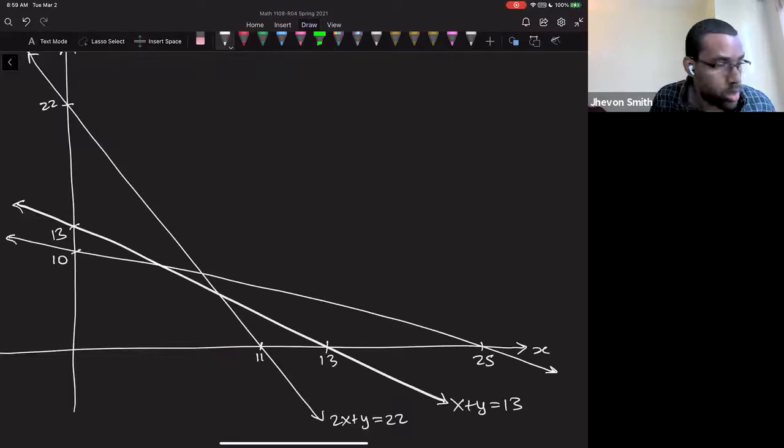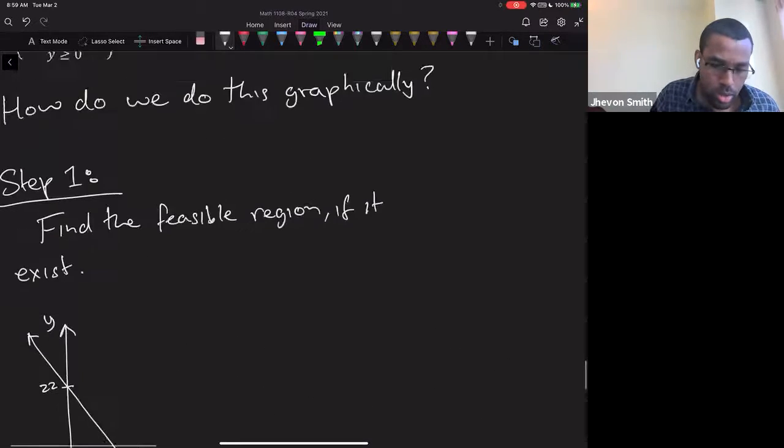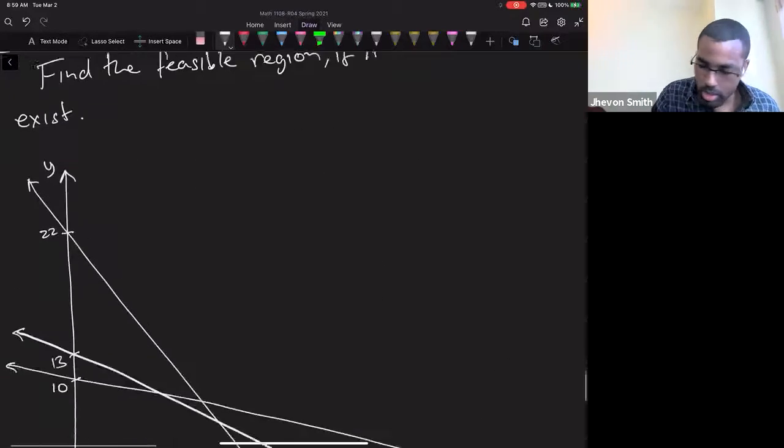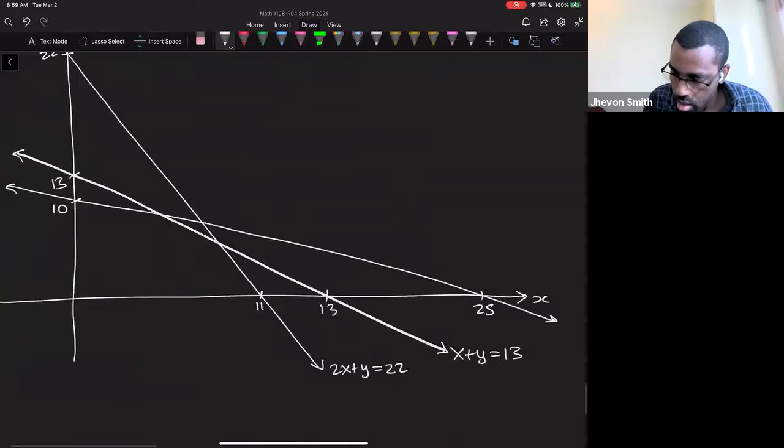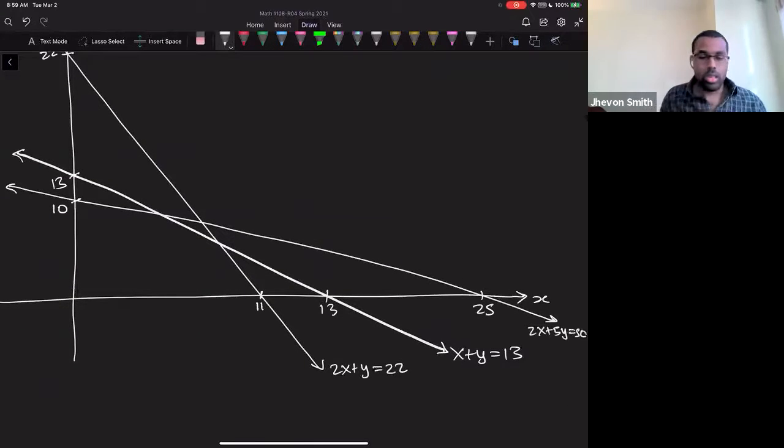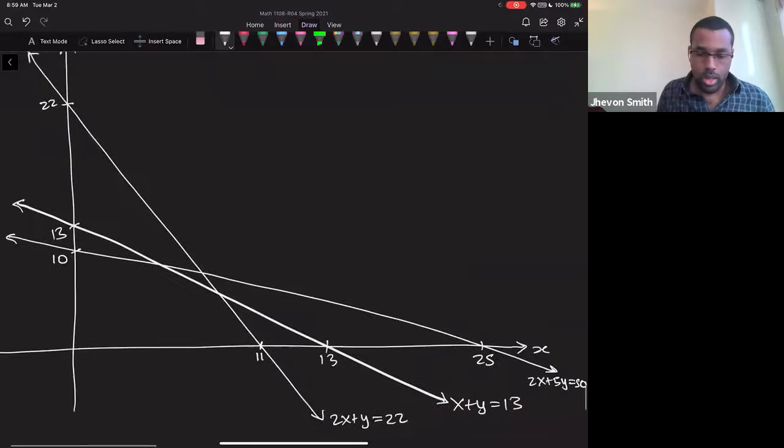And this is, which one did I just draw? 2x plus 5y equals 50. All right, here we go.